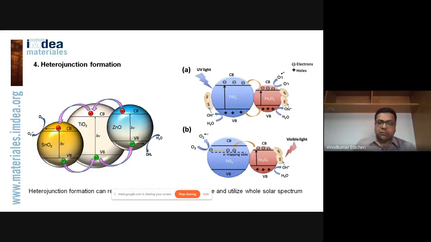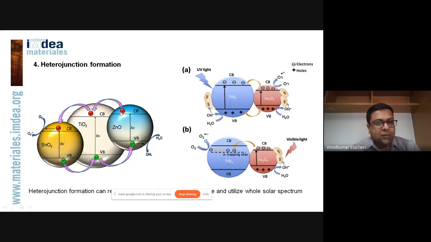Another method that we also developed recently is heterojunction formation. Instead of noble metals, we can use other semiconductors. The most widely used semiconductors are zinc oxide, tin oxide or iron oxide. Here you can see a few examples, and then couple them with TiO2. If you look at the band structure, they have different energy levels and band levels.